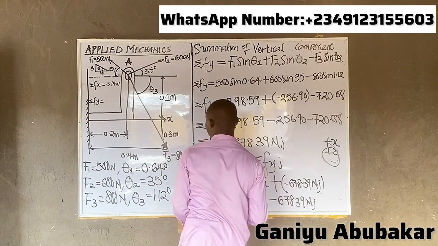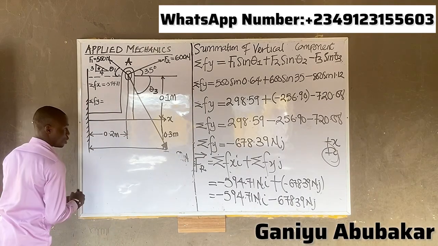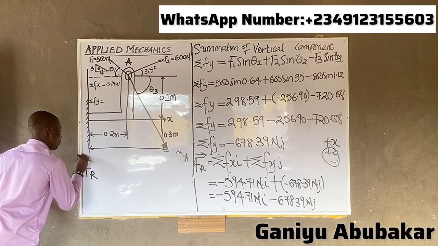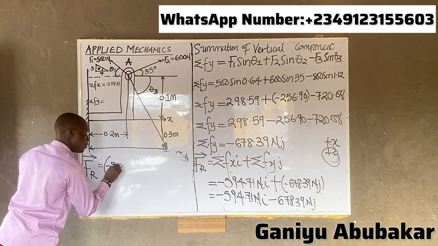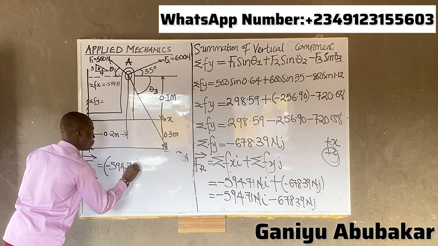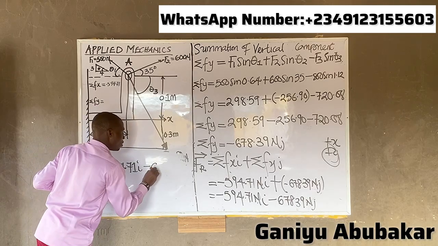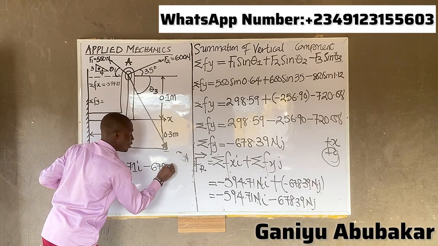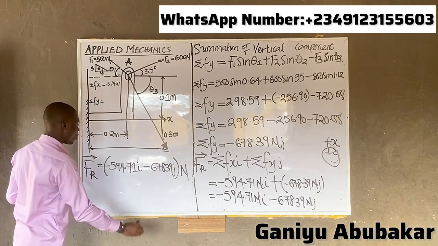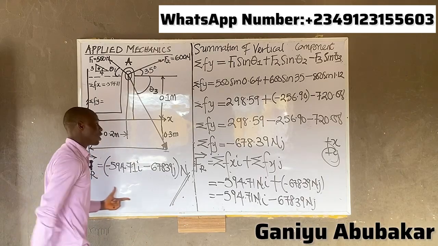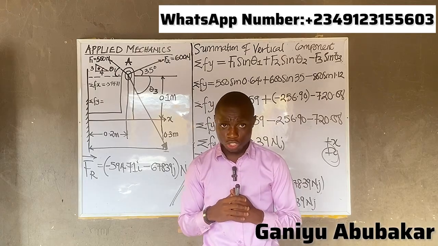So it means that my resultant force in vector form will be equal to, in brackets, negative 594.71 i minus 678.39 j, of course with Newton outside. So this becomes my resultant force in vector form for this particular question.